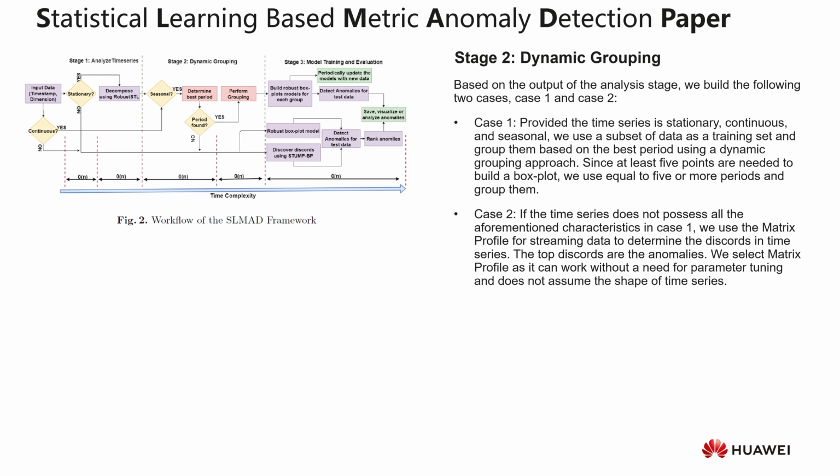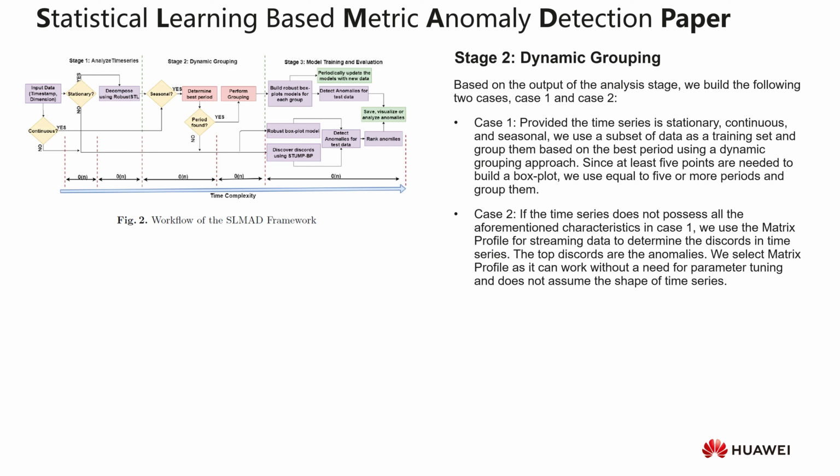Since at least 5 points are needed to build a box plot, we use equal to 5 or more periods and then group them based on that. Then we create a box plot for each of the individual periods and we update them as new data is added. If the time series does not possess all the aforementioned characteristics, such as being stationary, continuous, and seasonal, we use a matrix profile for streaming data to determine the discords in the time series.